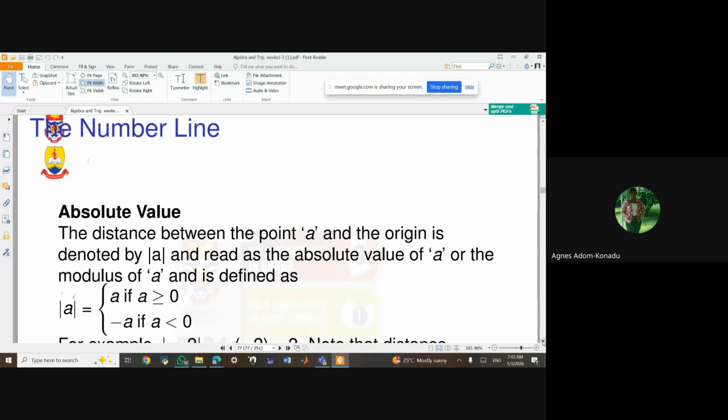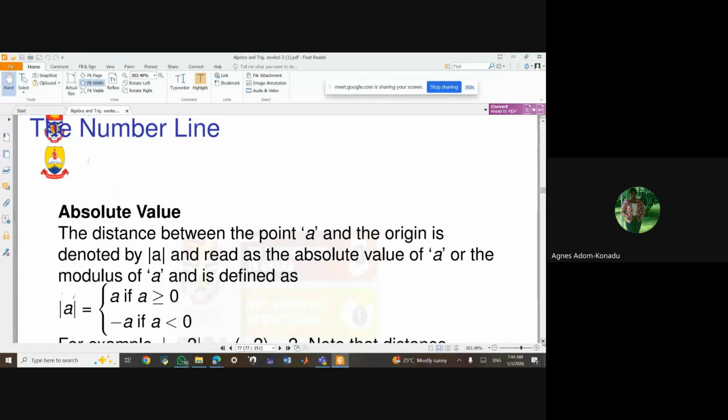And I told you that whatever you learned at KG is the same thing, because at KG we're told that 1 + 1 is 2, and it's still 2 even at university, master's, PhD. So the number line that you know is still the same.